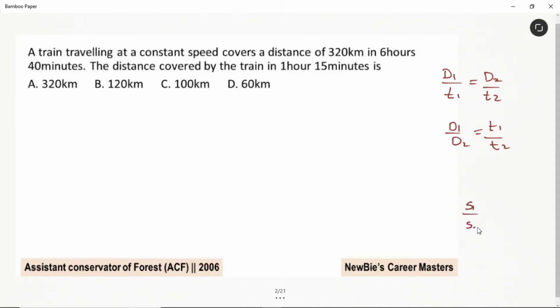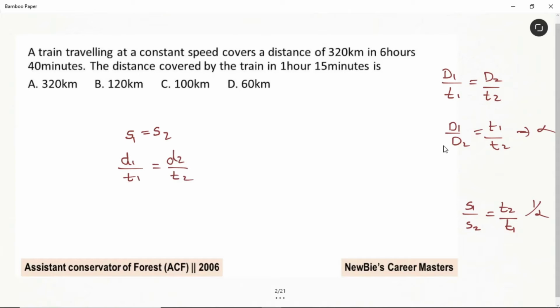Speed 1 divided by speed 2 is equal to T2 divided by T1. This is for inversely proportional and this is for directly proportional. If not this, I can take the train speed the same, first time and second time, both times the train speed is the same. Now speed is equal to distance by time, and this side speed is equal to distance by time.